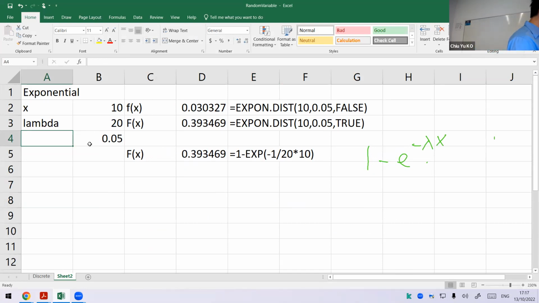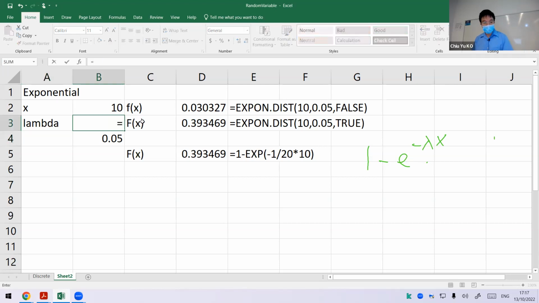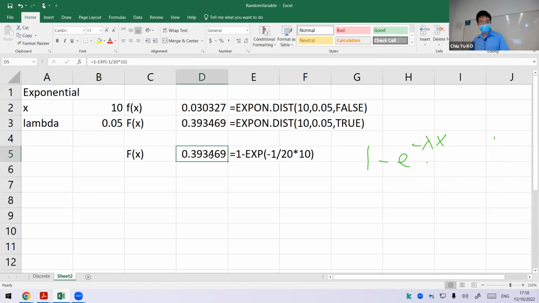So that's actually the lambda. The formula they use is exactly the same as what we have in the class. Lambda is exactly the same as we have in the class. So the formula is exactly e to the negative lambda x. They still use lambda, not beta.